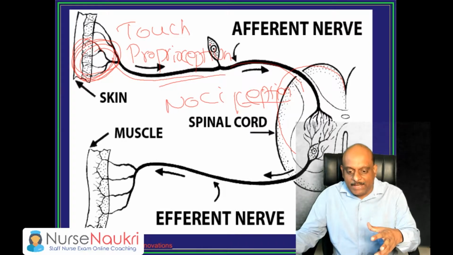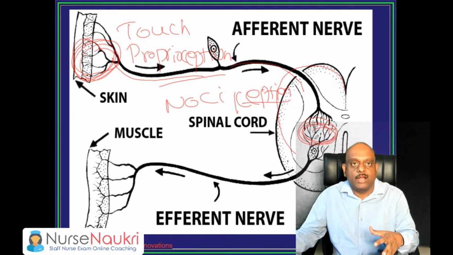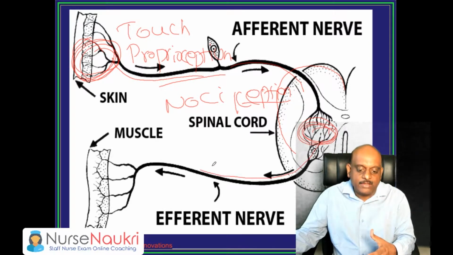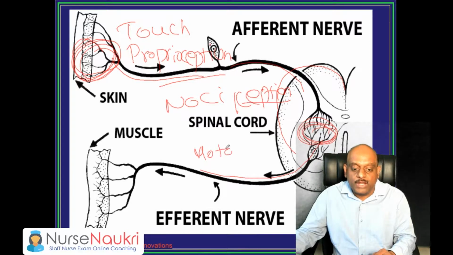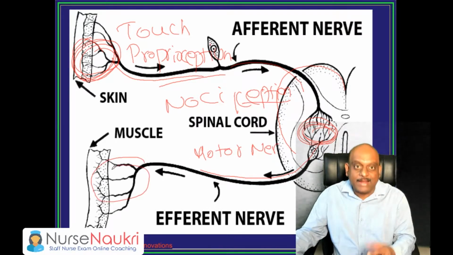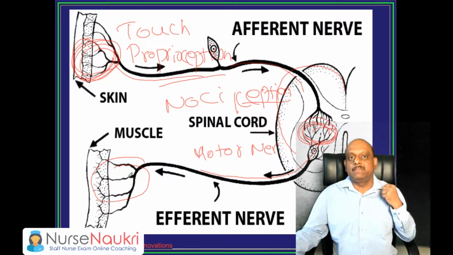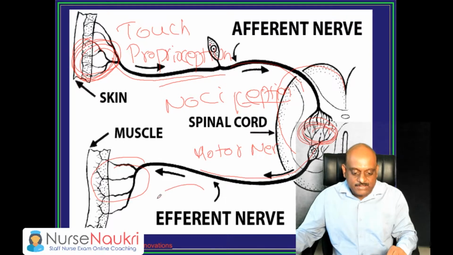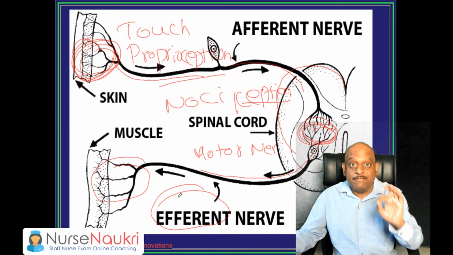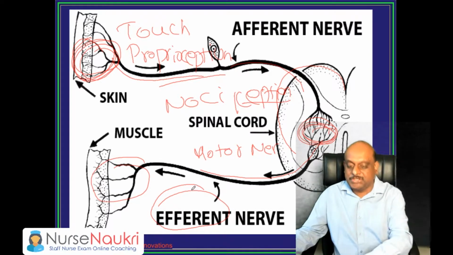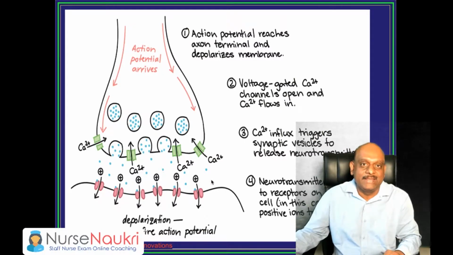Once the pain sensation comes to the spinal cord, it sends a nerve which is called a motor nerve. That immediately will cause the contraction of the muscle and withdraw the limb away from that nociceptive stimulus. And this is called the efferent nerve, is what you should basically remember.